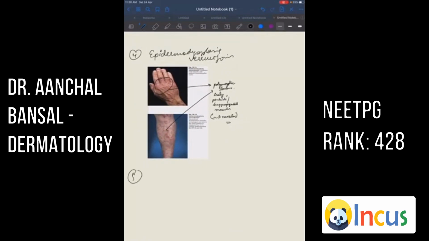Then the fifth variant is epidermodysplasia verruciformis induced squamous cell carcinoma. The strains responsible for these are 3, 5, 8, and for squamous cell carcinoma 5 and 8.